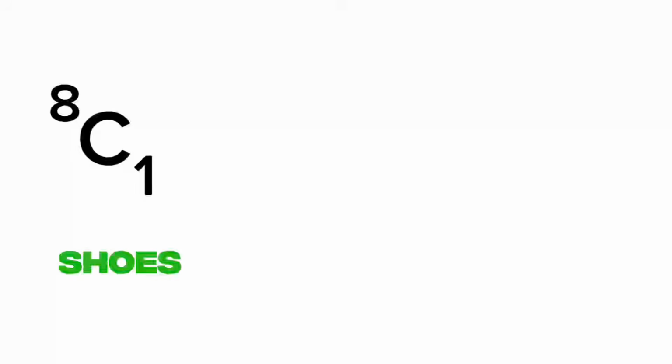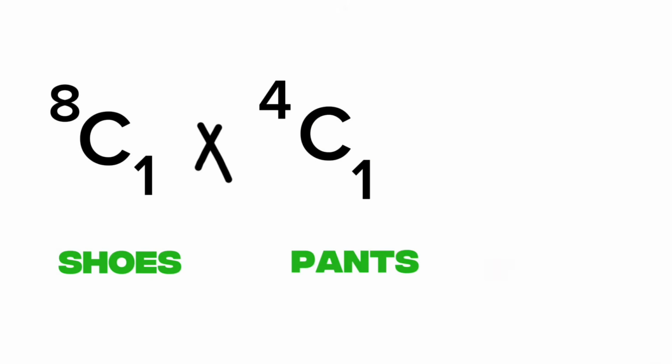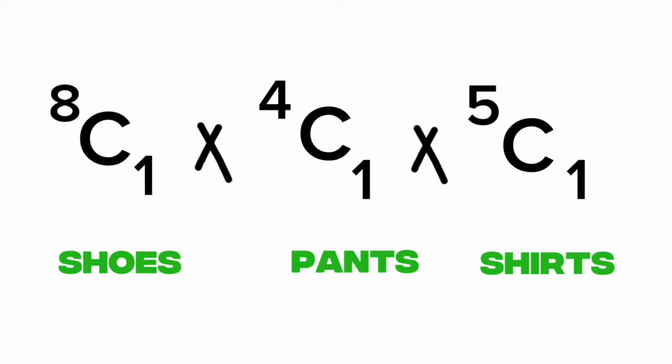So for starters, it's 8C1 for the shoes, times 4C1 for the pants, because we're wearing one pair of pants at a time, times 5C1. And we're multiplying because it's a whole process. We're choosing an outfit, we're doing it together. We're not considering each thing separately.